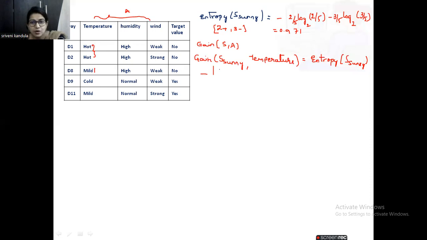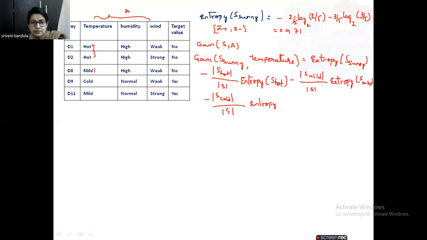So cardinality of S hot divided by cardinality of S multiplied with entropy of S hot, minus cardinality of S mild divided by cardinality of S multiplied with entropy of S mild, minus one more value, cold: cardinality of S cold divided by cardinality of S multiplied with entropy of S cold.